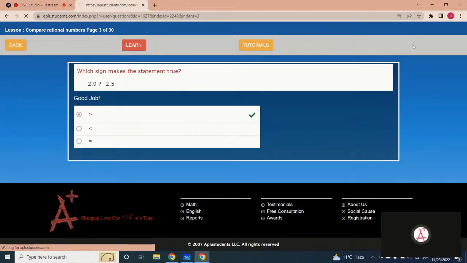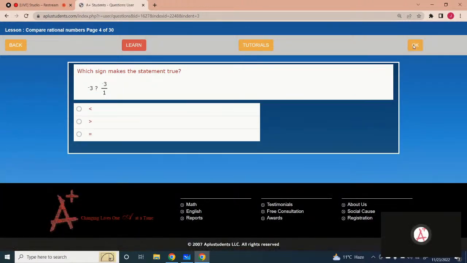Okay, the next one is negative 3 and negative 3 over 1. Both are exactly equal. Got it? So they both are equal.